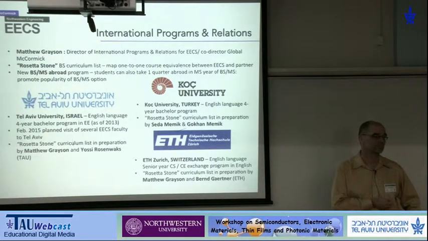Because if a Northwestern student is giving up the winter quarter and the spring quarter, they're losing 4 or 5 months worth of credits, but they're only getting back a little bit less than that.